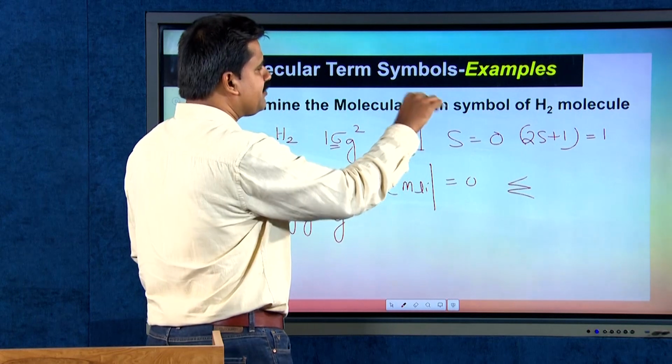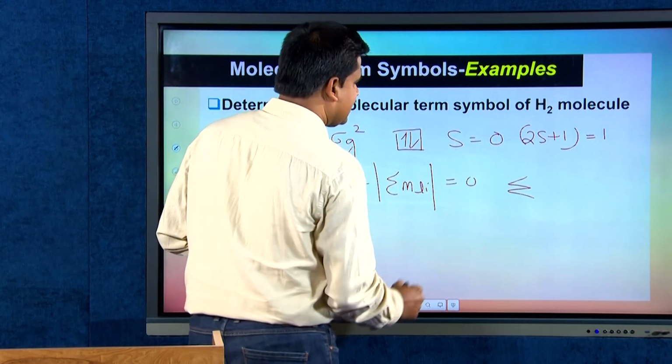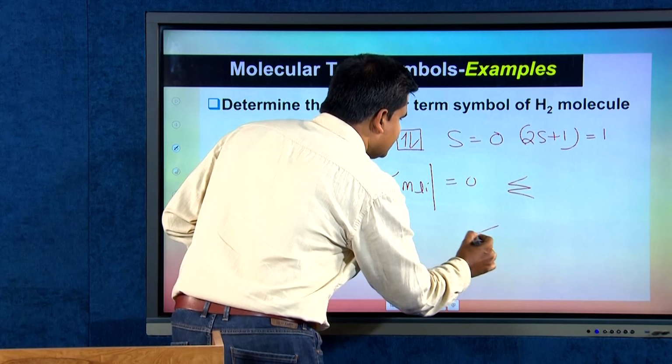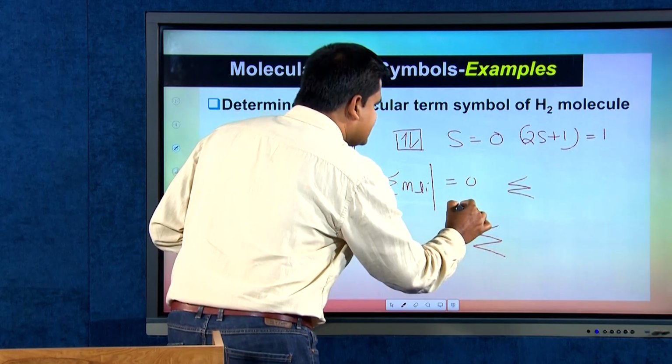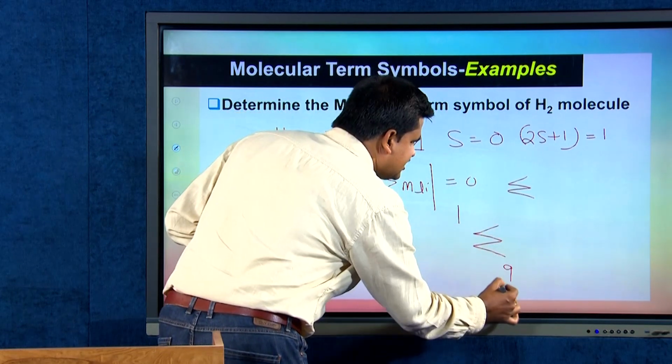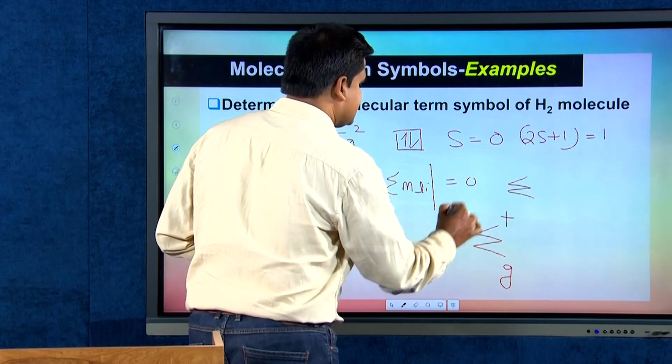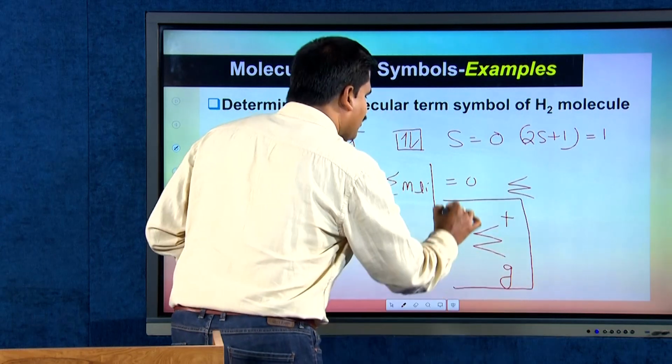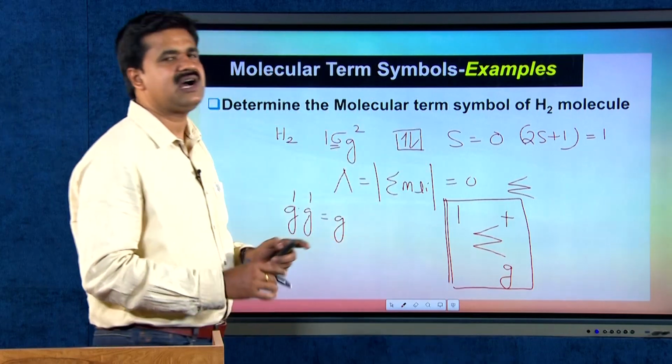Clubbing all these parameters together, we get the final result: the term is sigma, multiplicity is 1, parity is gerade, and the sign is positive. This is the molecular term symbol of hydrogen.